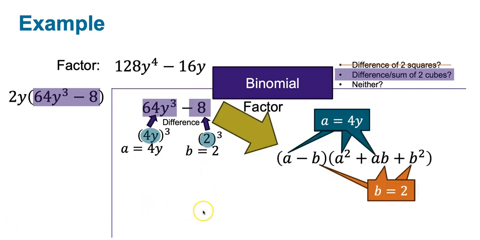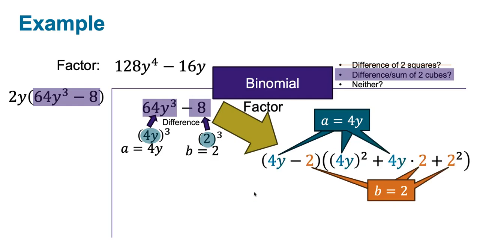We can factor using the difference of two cubes factoring formula, and we need to plug in the values for a and b. Be very careful to include parentheses as needed. You must have parentheses here, otherwise only the y would be squared and not the entire value of a. This is the factored form.